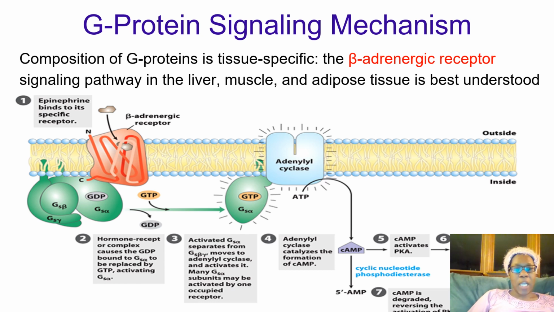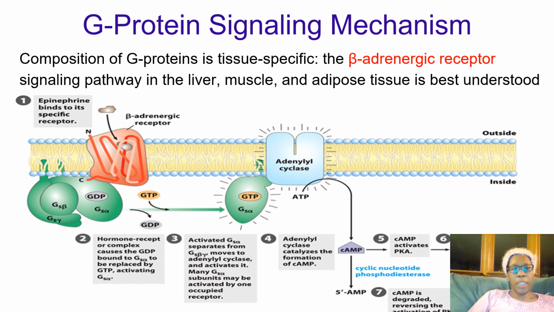Once it has a conformational change in the G protein, that causes the GDP to dissociate from the alpha subunit, and a GTP then binds to the alpha subunit. So we don't have dephosphorylation or phosphorylation of the GDP.